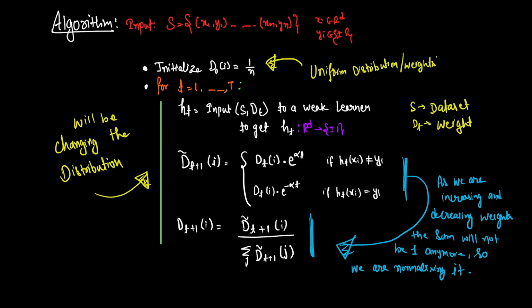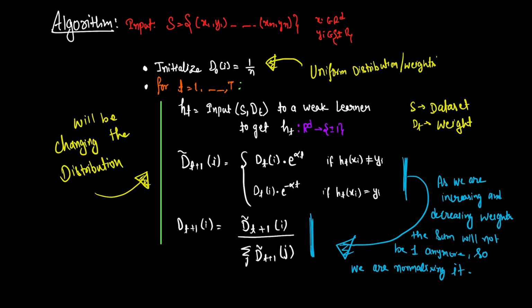So what we will do is normalize it. The update that happened is this step, an intermediate step which I showed you, where there is some increase or decrease in the distribution.